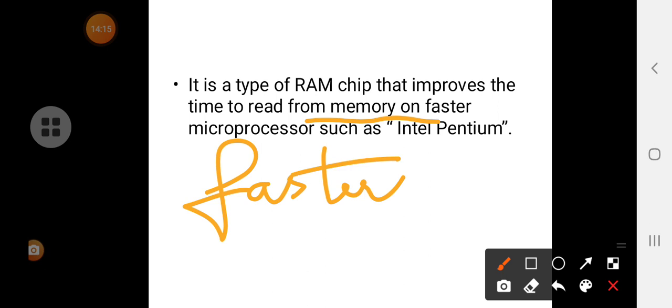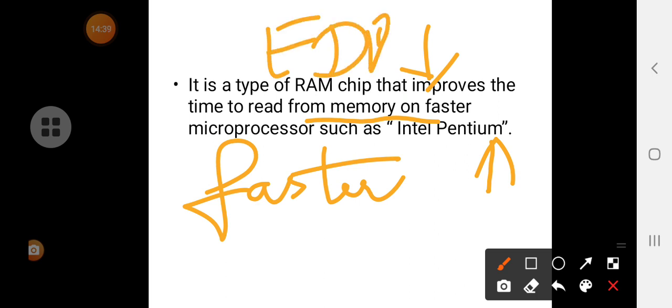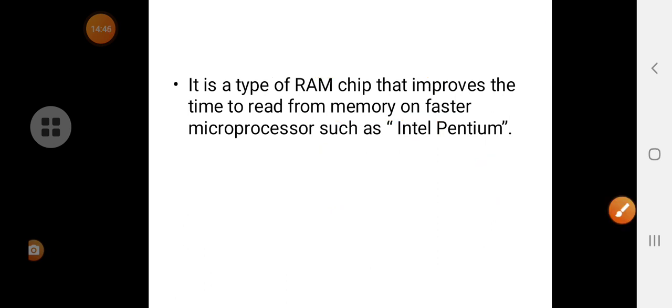It doesn't add any delay in the processing of output, but it improves read and write, so that it processes the information in microprocessors such as Intel Pentium. In these Intel Pentium processors, this EDO RAM is used.